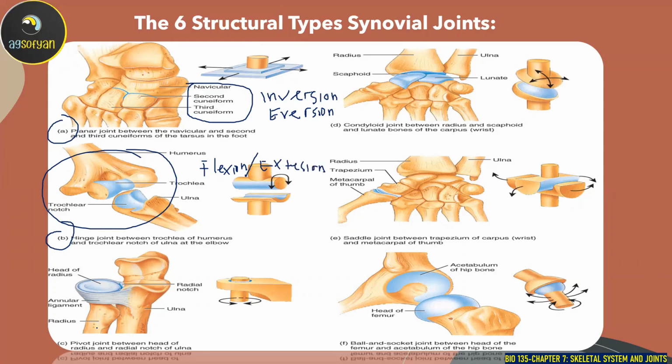This is the third type, the pivot joint. You see the whole structure over here, and there is a bone that actually fills that hole. And what happens? We are able to rotate our joint, and this is the rotation. For pivot joint, the movement is usually rotation.